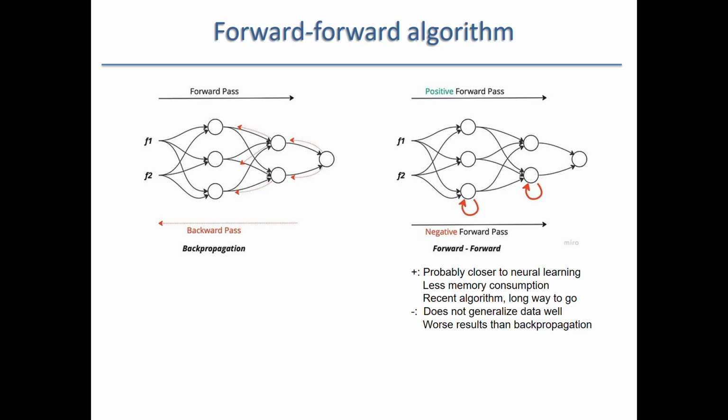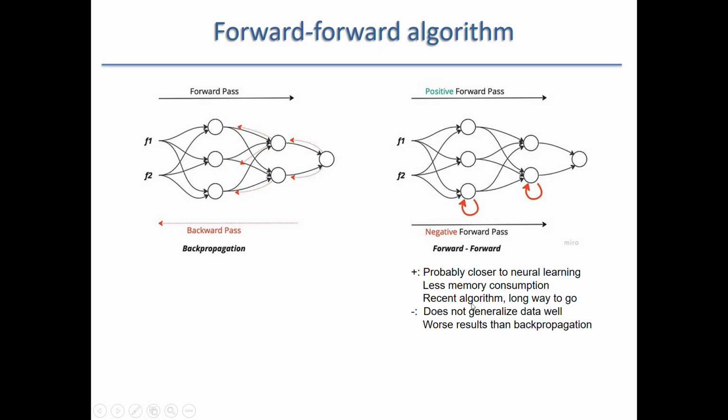And then we do a forward pass of the positive, a forward pass of the negative, and then at each one of the layers we perform some optimization. And probably this is closer to how the actual brain networks are learning. They require less memory.